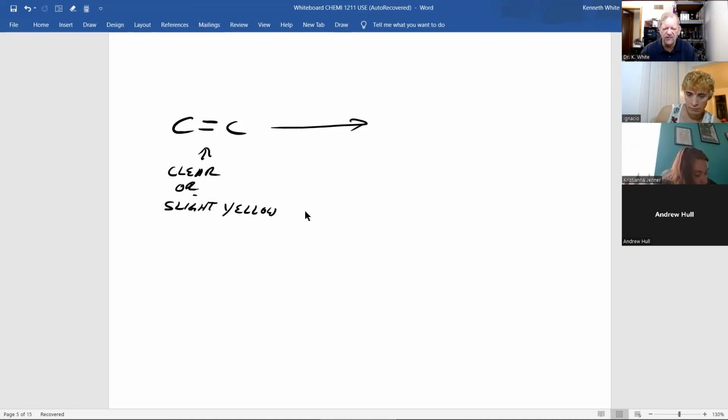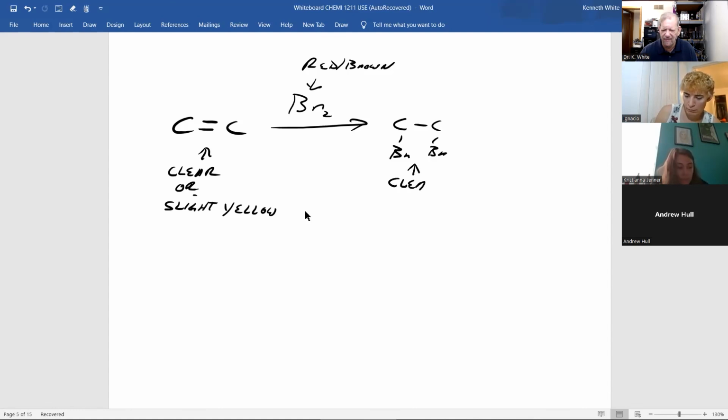Now, bromine in solution is a red-brown color depending on the concentration of the solution. If you have a double bond, you'll react it to form this compound, and this is also clear or slight yellow.